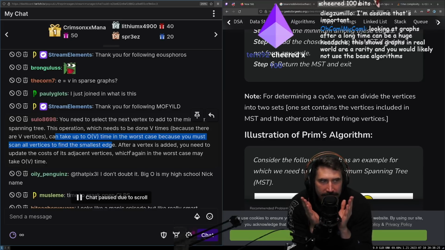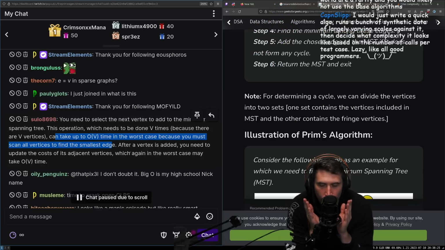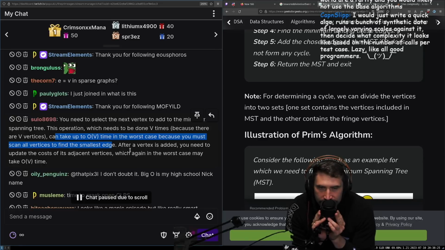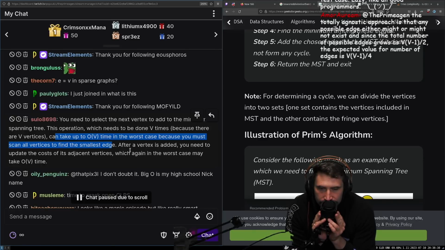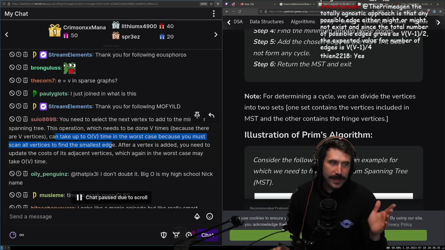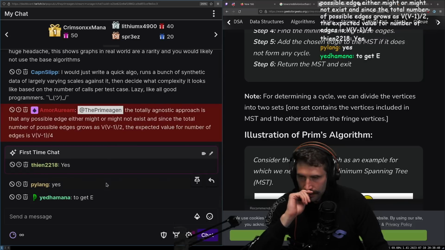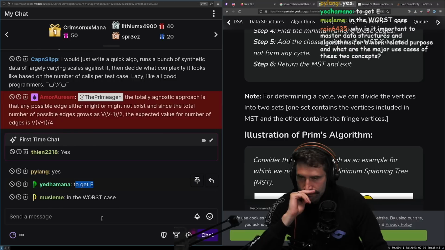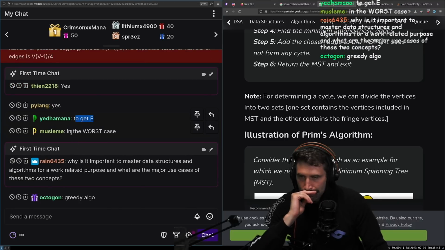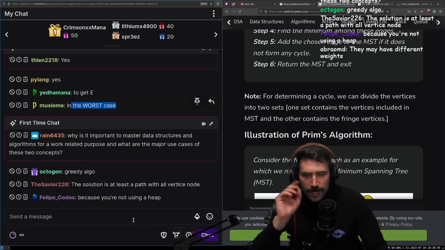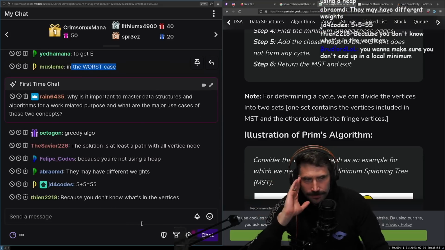But do you need to scan all vertices? Why do you need to scan all vertices? That's my question. No, because that should be what the heap is for, right?